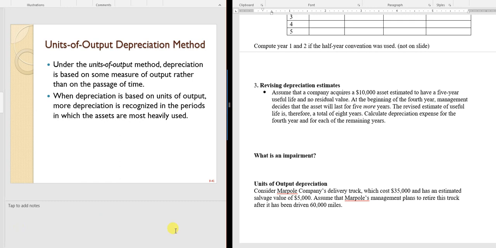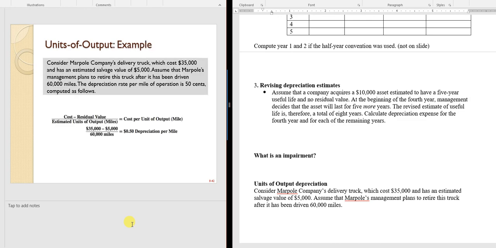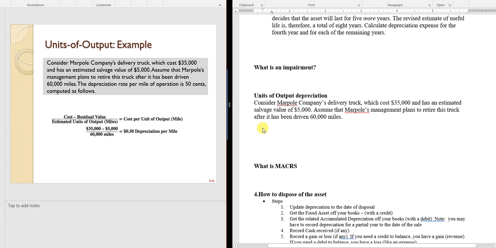Okay, units of output depreciation. I kind of wish they'd put it up here with straight line and double declining balance, but they didn't. Units of output depreciation is pretty much similar to straight line, except its life is not in years, its life is in units. So, I'm going to go to this one.